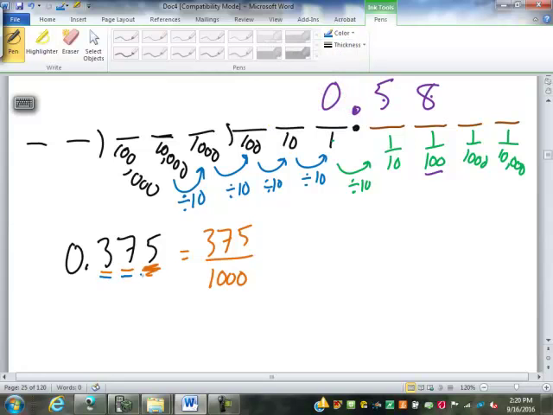If there are 3 decimal places, there has to be 3 zeros in that denominator. Now, once again, 375 thousandths, we would not leave it that way because both of those can be divided. You can probably see that they can be divided by 5, but to make it a little quicker, they can both be divided by 125. That's 3/8.